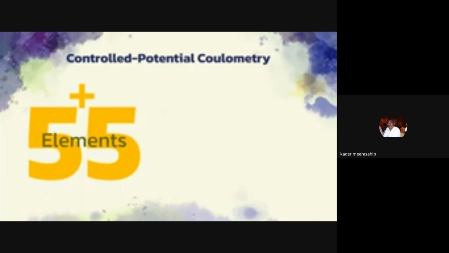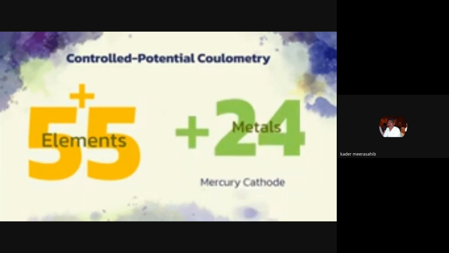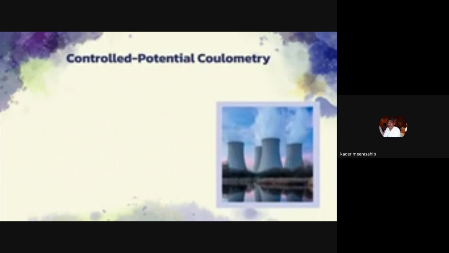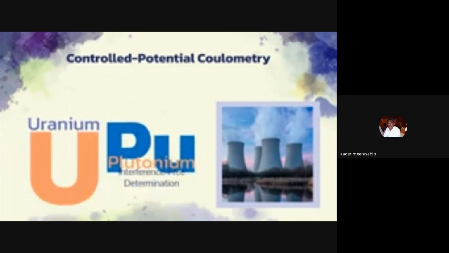Methods have been described for the deposition of more than 24 metals at a mercury cathode. The method has also been used in the nuclear energy field for the relatively interference-free determination of uranium and plutonium.